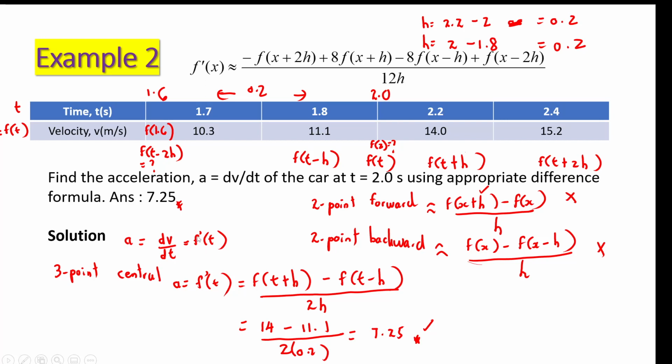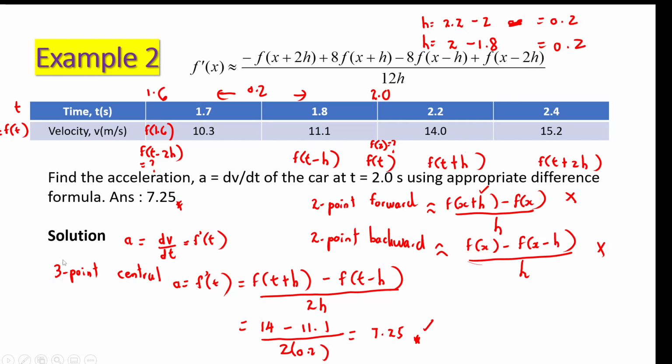So that's why, for example 2, you can only calculate the acceleration, exactly the dv/dt, which is equal to f prime t, using the 3-point central, because it does not involve the f(t) value. 3-point forward and backward involve the f(t), so cannot be used. 2-point forward and backward also involve f(t), which is not available. The 5-point formula cannot be used because you don't have f(t minus 2h).